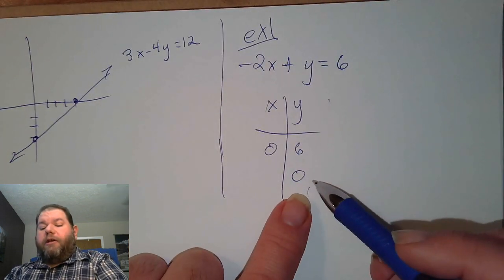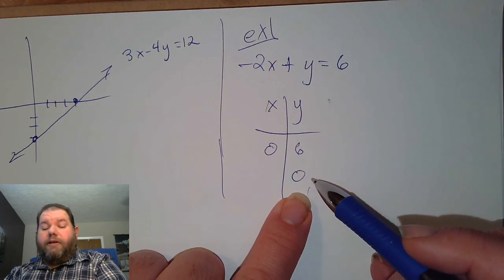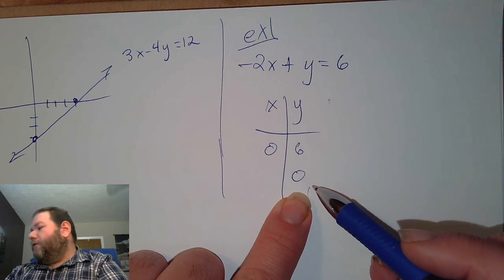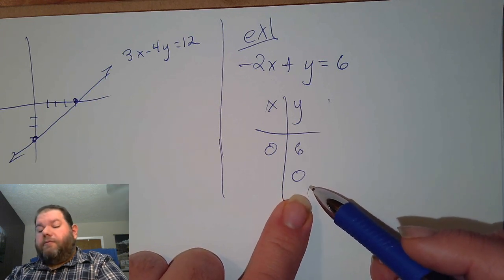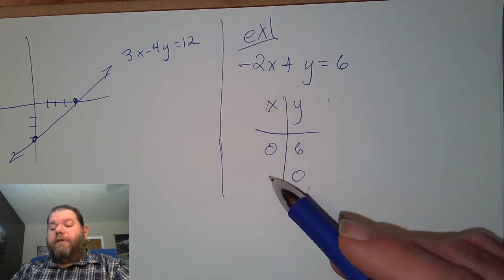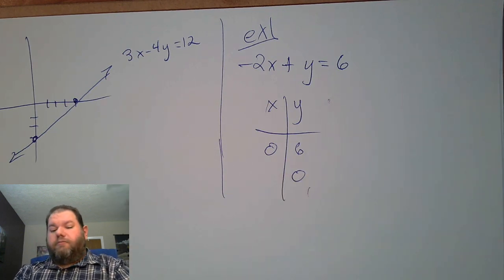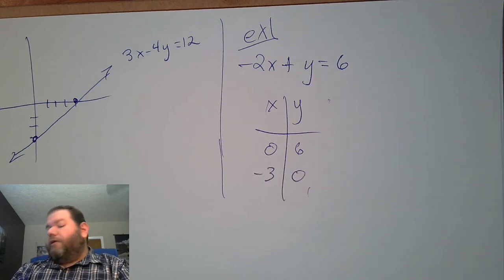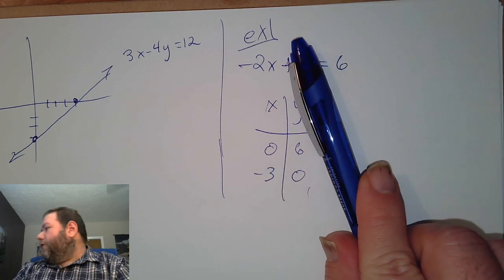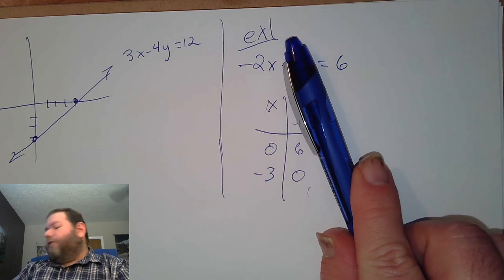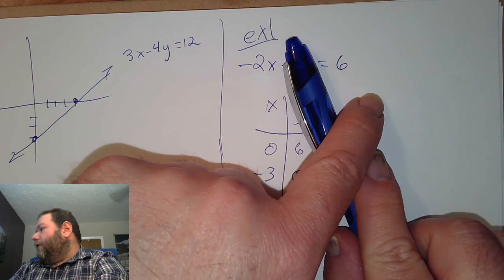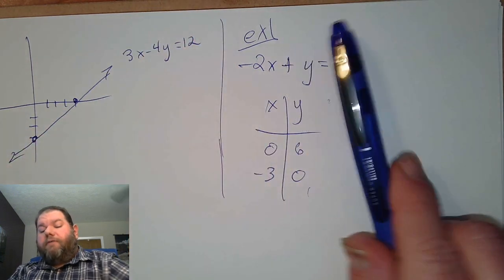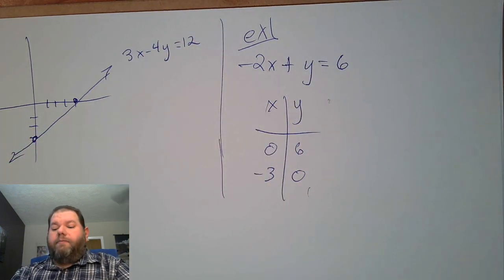What happens if we plug in y equals 0 instead? What would x be in this case? Negative 3, good. If y is 0, we basically don't have a y value there, so it's like we have negative 2x equals 6. We just divide by negative 2, so we get a negative 3.